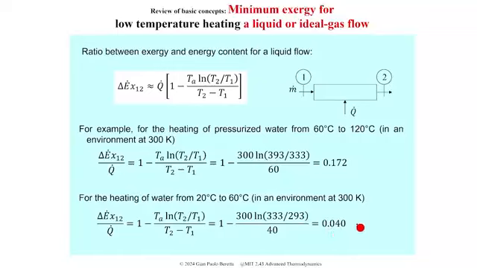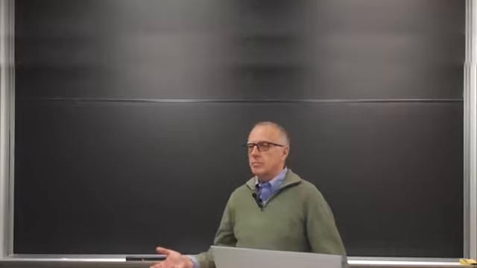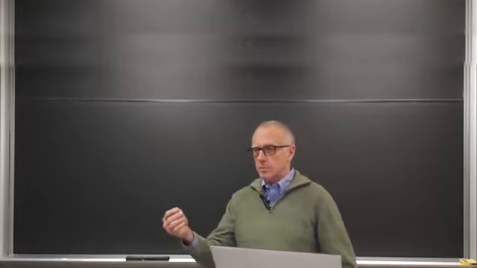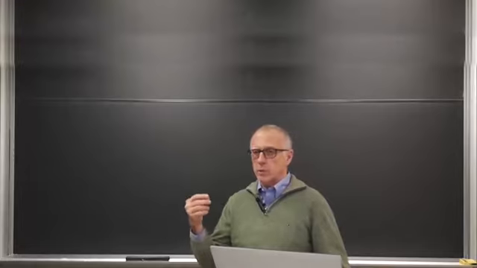So this is interesting because, for example, let me ask you, with this number, can you tell me what is the second law efficiency of doing, for example, this heating with an electric boiler? An electric boiler uses electricity. Electricity is pure exergy. All right?